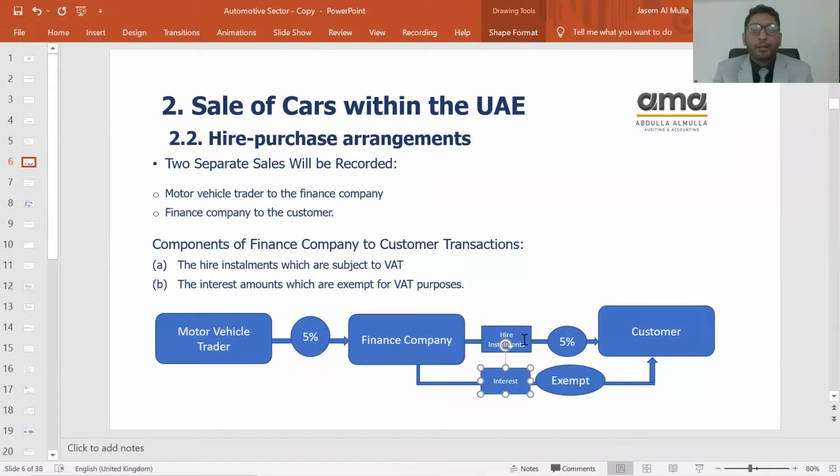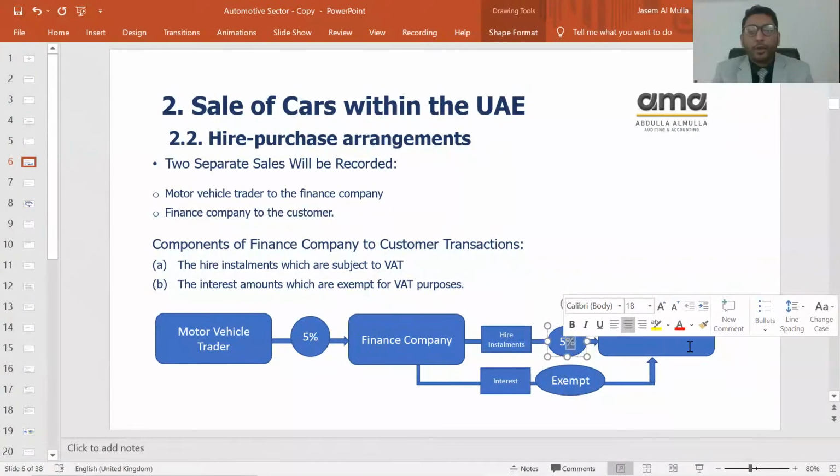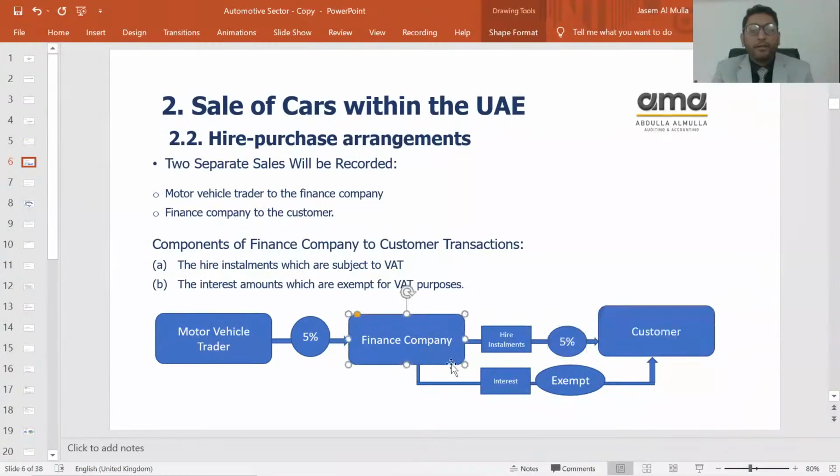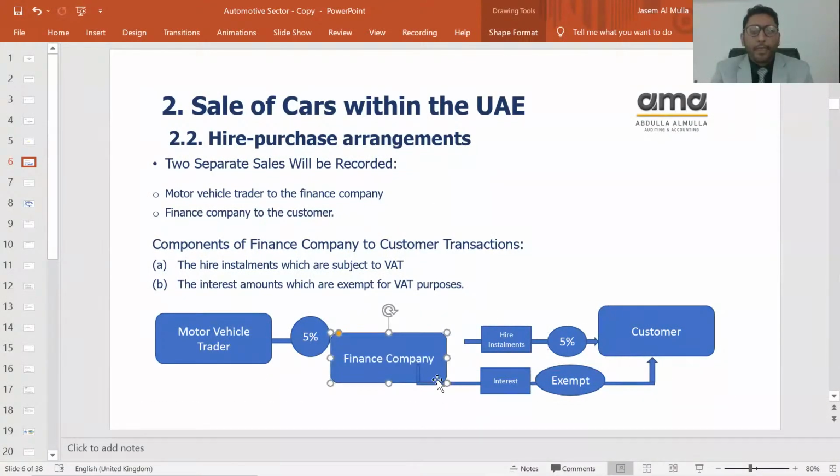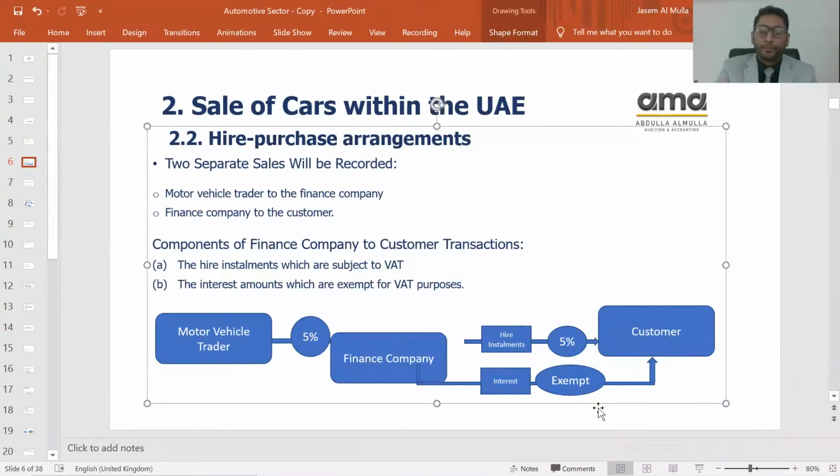The first one is the hire installment and the second one is the interest amount. The hire installment amount means the principal amount. The finance company will charge the 5% VAT to the customer. But the finance company will not charge the VAT to the customer on the interest amount. This transaction will be exempt from VAT.